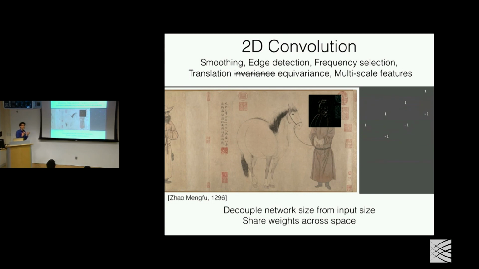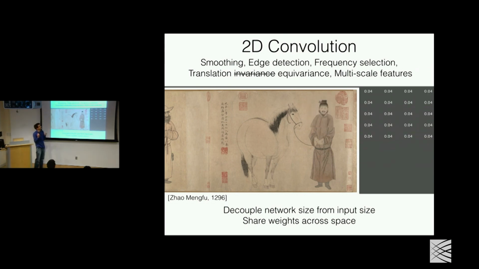So convolution has these great properties of pulling out edges, of selecting particular frequencies, and from a neural net's perspective, it allows us to decouple the size of our model from the size of the input, and it allows us to share weights across space. And this sort of encodes our belief that the input is translation invariant or translation equivariant.